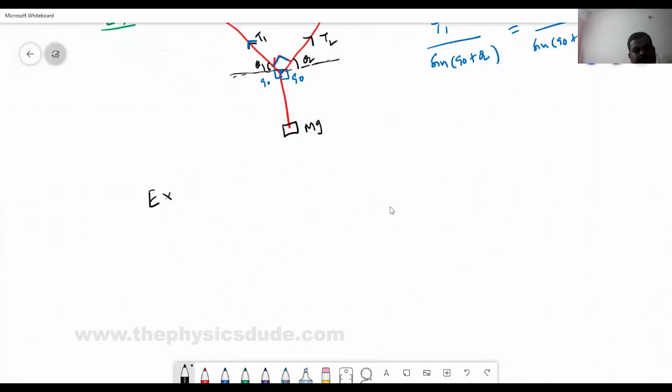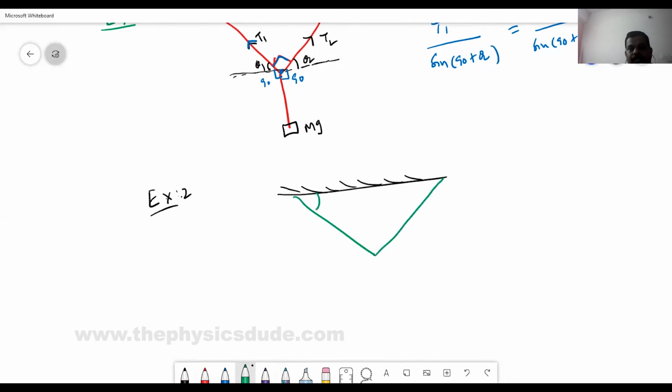Let's take another example. Suppose I draw the same arrangement. Here this angle is given as 30 degrees. This angle is 60. And these two are right angles.